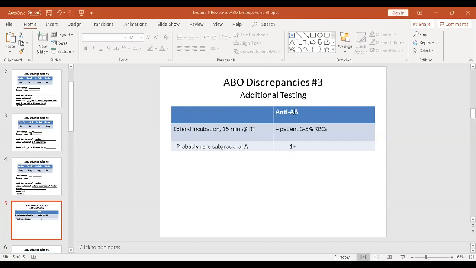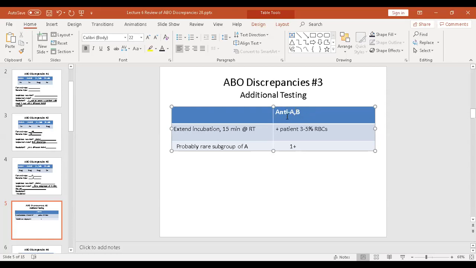And so anti-A,B is a reagent that we get from group O individuals. And so it's a combo antibody, and sometimes it's able to detect that A antigen more easily than just anti-A by itself. Okay, so this would be tested in the same way that we would do forward typing.